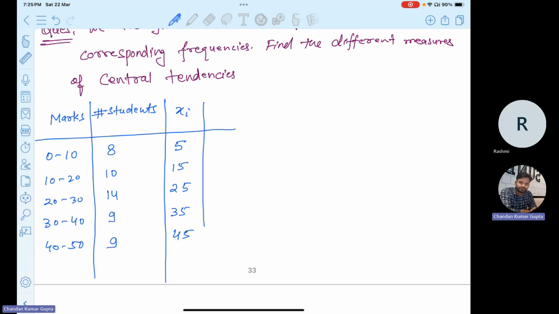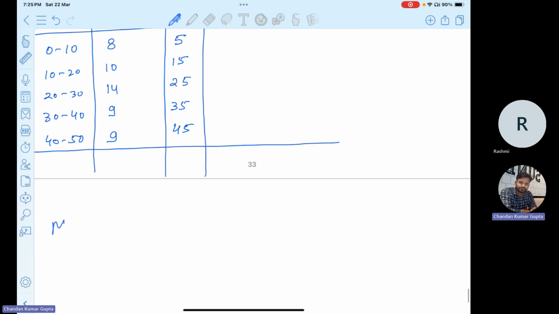This is the class mark. Now we need to find the fi xi, because the mean is defined as summation of fi xi divided by summation of fi, i from 1 to 5.